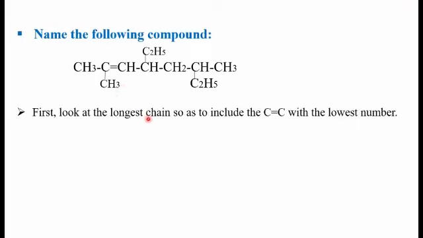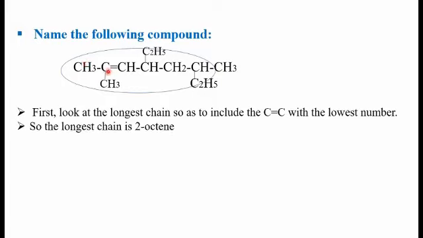Name the following compound. First, look at the longest chain so as to include the double covalent bond with the lowest number. 1, 2, 3, 4, 5, 6, 7, 8. And we begin numbering from here nearer to the double covalent bond.